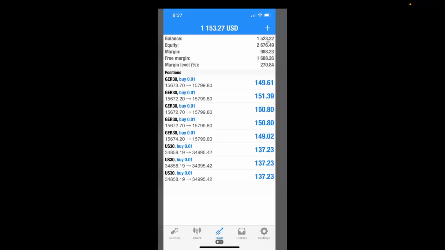That was in his balance before he placed these particular trades. After he placed these trades, and these trades are in profit, there is equity. That is the total amount of money if he closed these trades, which is 2,676. So if he closes all these trades now, his balance will move from 1,523 to 2,676.